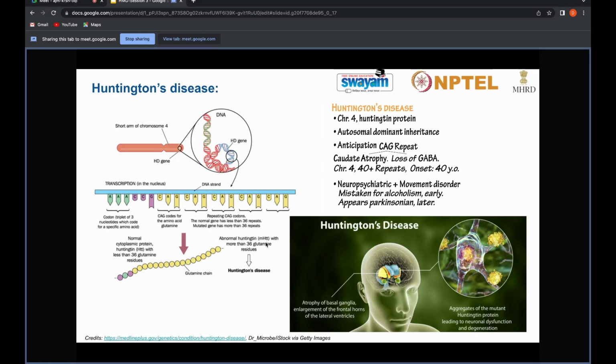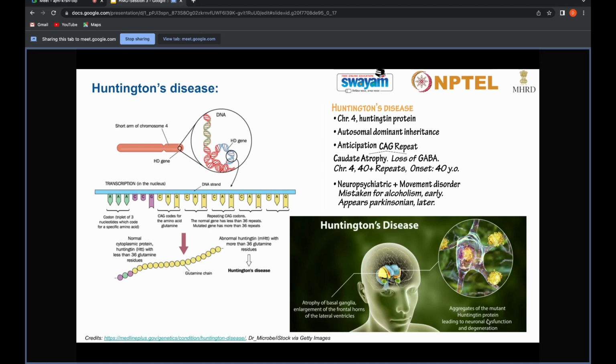If that particular repeat expands beyond 40, it will form more and more polyglutamines, which will form protein aggregations. Here I've shown you the visual representation of how it is observed inside the brain. They are showing atrophy of the basal ganglia and enlargement of the frontal horns of the lateral ventricles. This is the effect on that particular part of the brain.